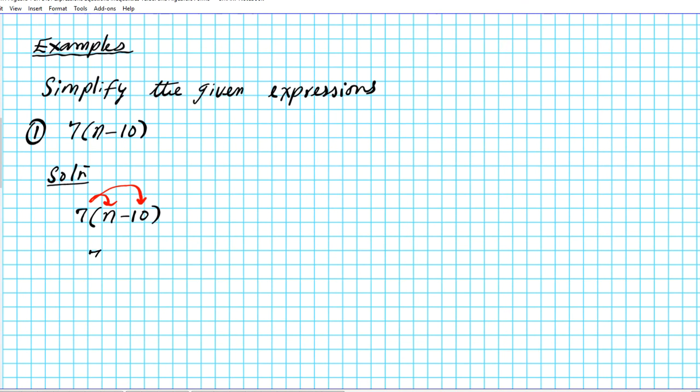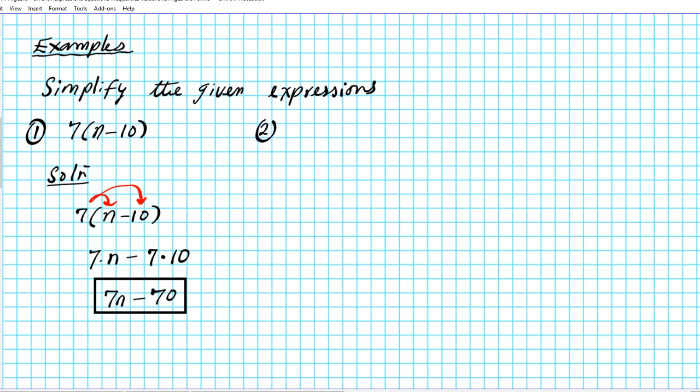Now this becomes 7 times n minus, because the plus times this minus is going to be minus 7 times 10. And then if we simplify, we have 7n minus 70 as our simplified form of the original expression.